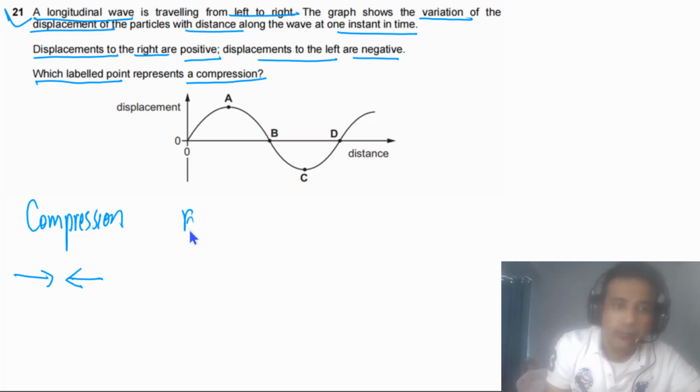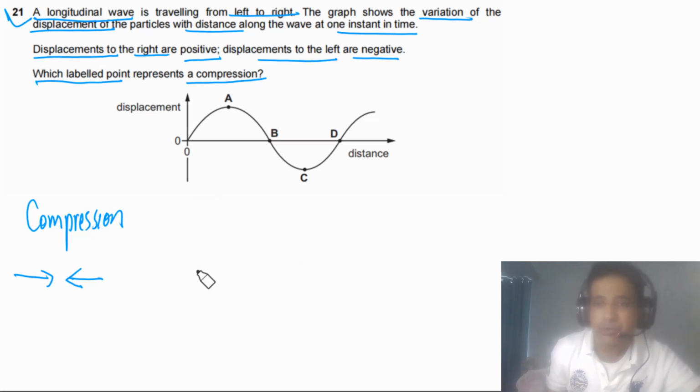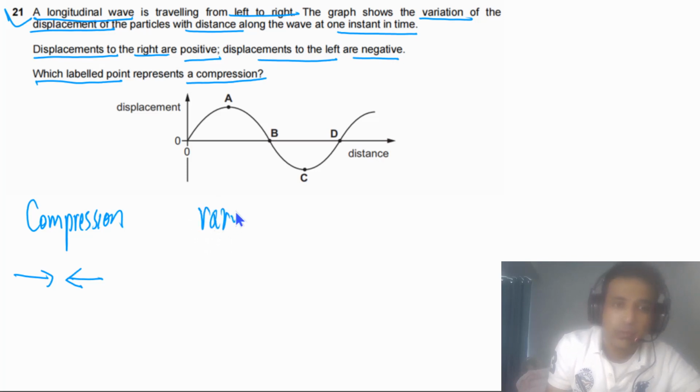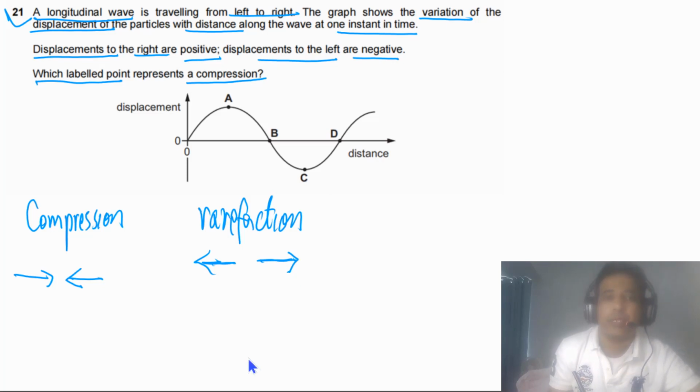And rarefaction is just the opposite. Rarefaction is a region where particles are moving away from each other, and that region we call rarefaction.